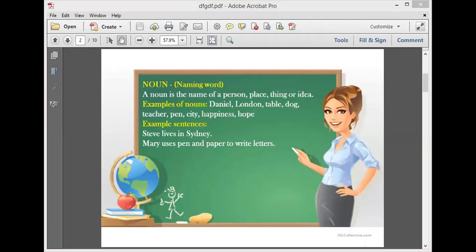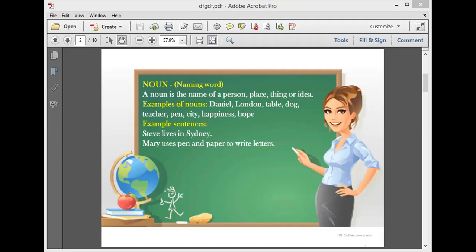Nouns can be singular or plural, and nouns show possession by adding the possessive s, right? Nouns can function in different roles within a sentence. For example, a noun can be a subject, object, object of preposition, and so on.